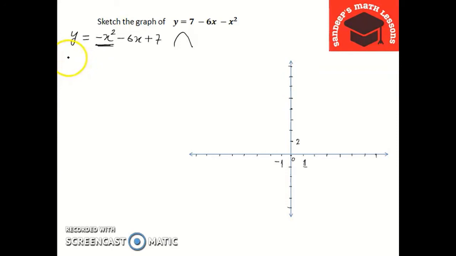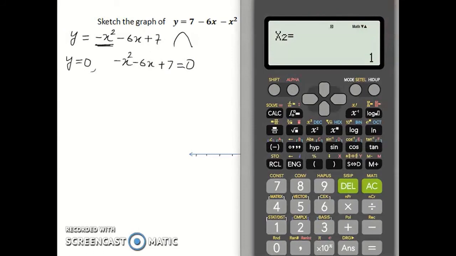So if you remember, to find the x-intercepts, we will put y as 0. So if I put y as 0, that means negative x squared minus 6x plus 7 should be equal to 0. This time I'll take the help of the calculator to find the roots. Say I put A as -1, right?